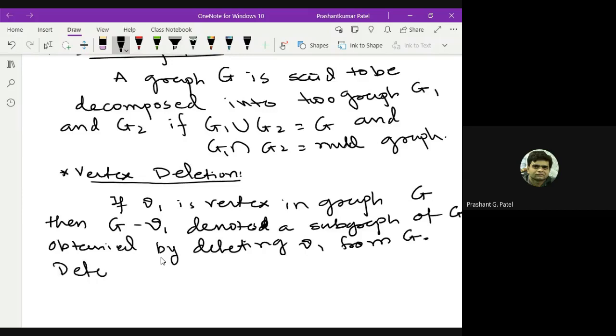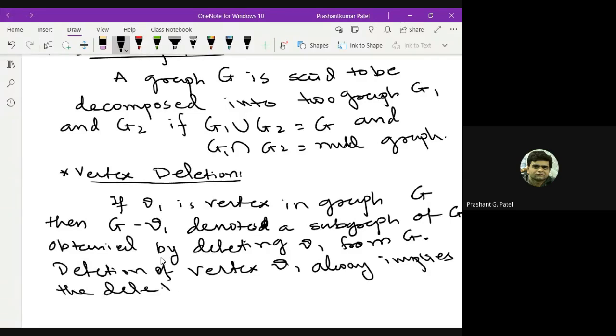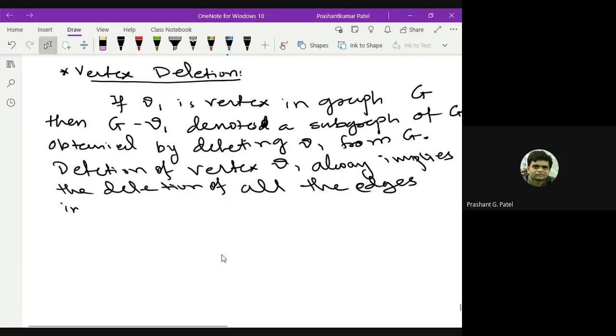Deletion of a vertex V1 always implies deletion of all the edges incident on vertex V1.